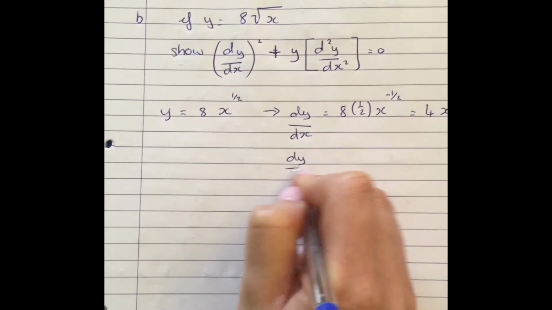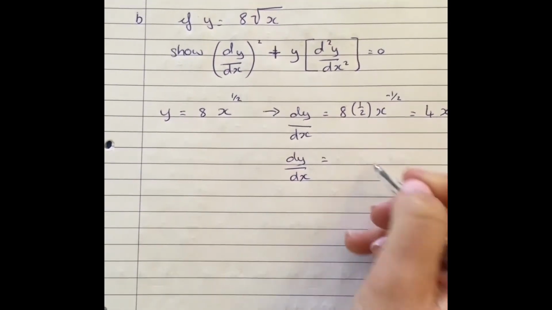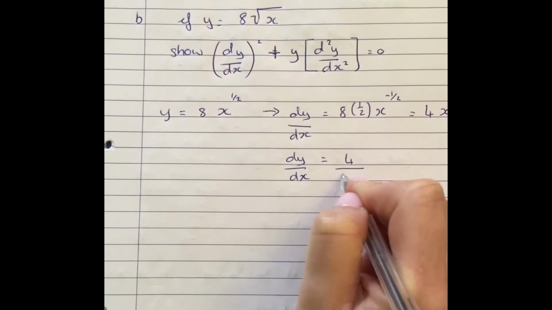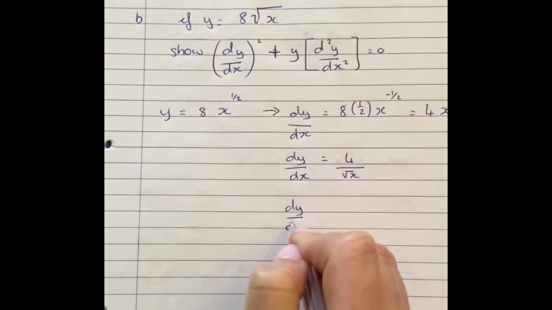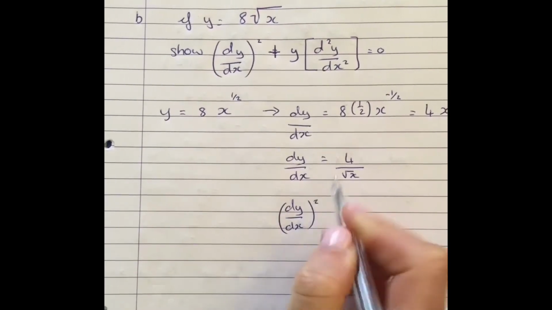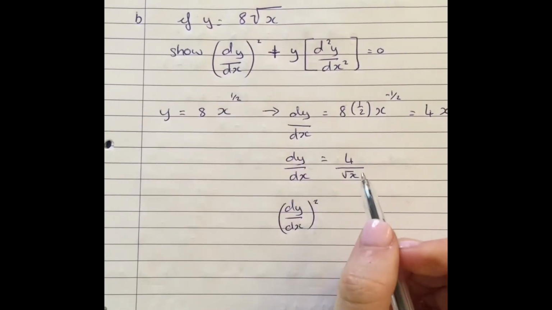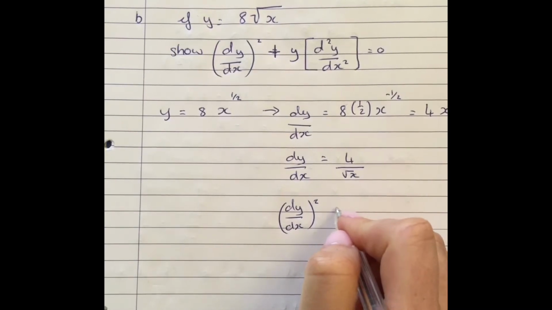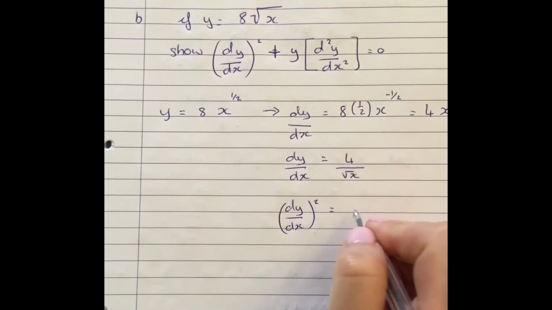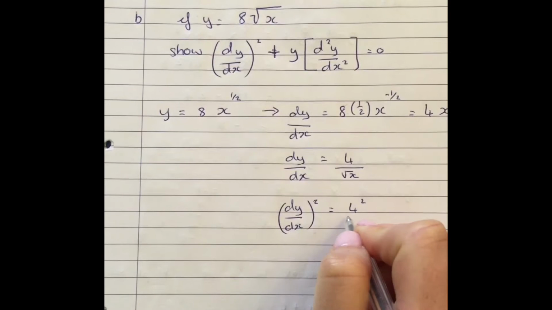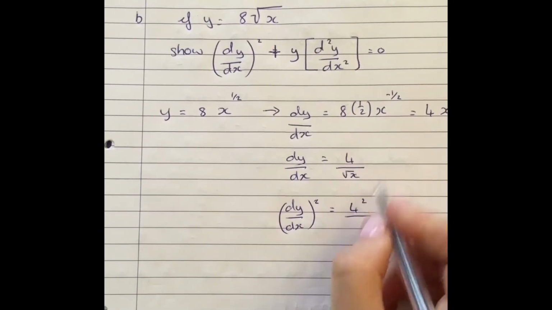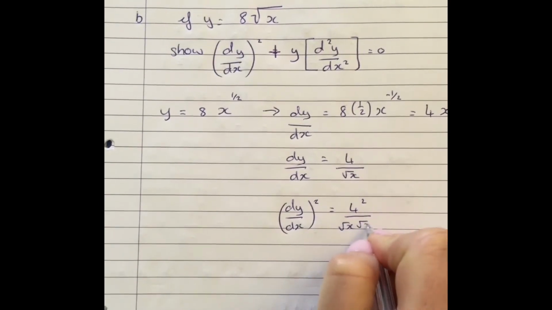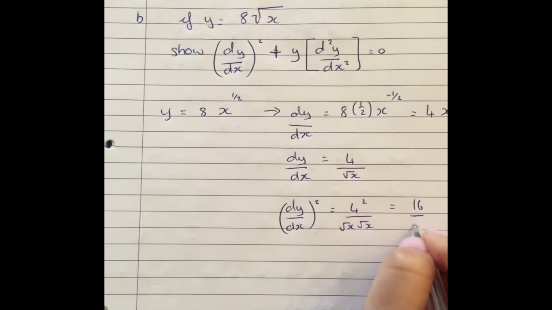I would rather write dy by dx to equal 4 over root x. And if I get dy by dx and I square it for the first part of the question, then I will get 4 squared over root x squared, which is 16 over x.